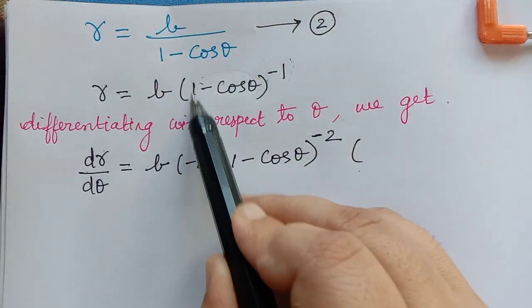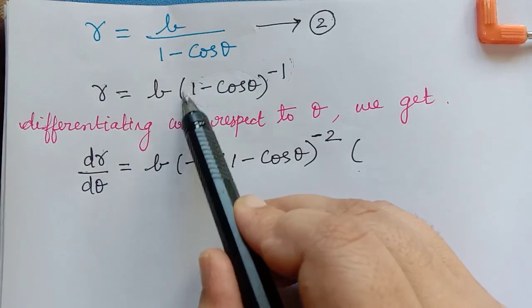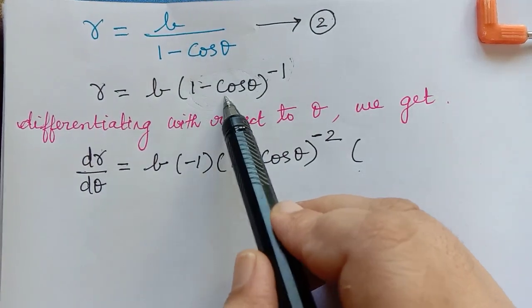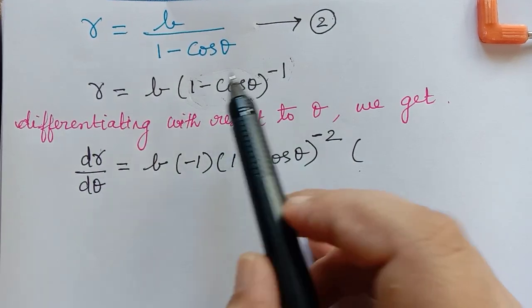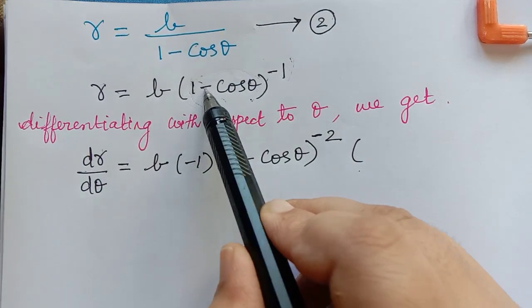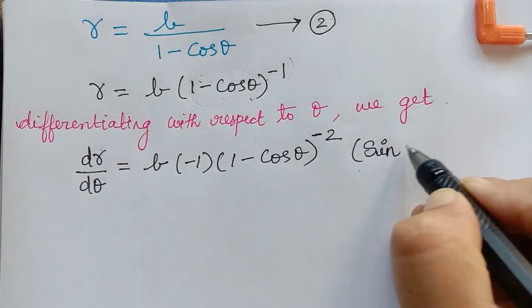So first the differentiation of 1 will be 0, because when a constant is differentiated it becomes 0, minus cos theta. The differentiation of cos theta is minus sin theta, and already we have a minus here, so minus into minus will become plus, and so we will be left with only sin theta.